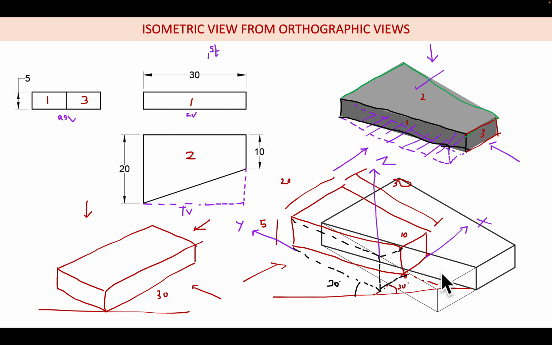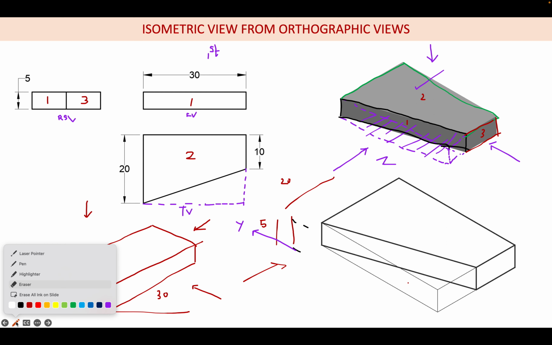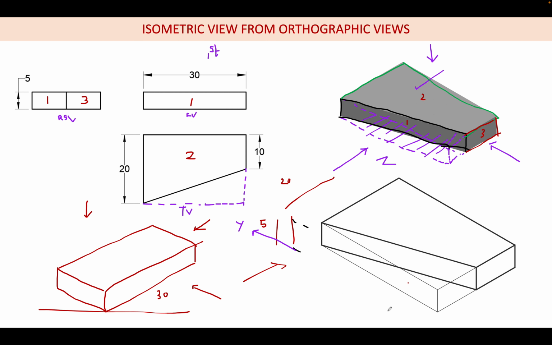So here you can see, if I erase this, so I am erasing. After erasing, you can see that this is the final isometric view. So this will be the object.